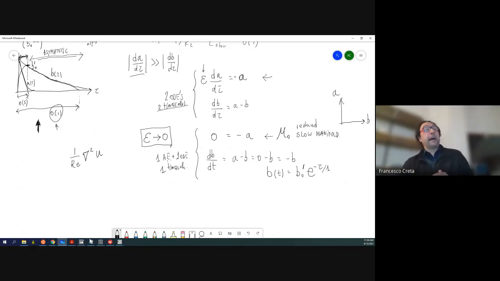Now, one over the Reynolds number is very similar to having an epsilon, especially when the Reynolds number is very high. So suppose that we impose Reynolds going to infinity. Well, we have, for all intents and purposes, a non-viscous fluid, so viscosity plays no role with respect to convection.